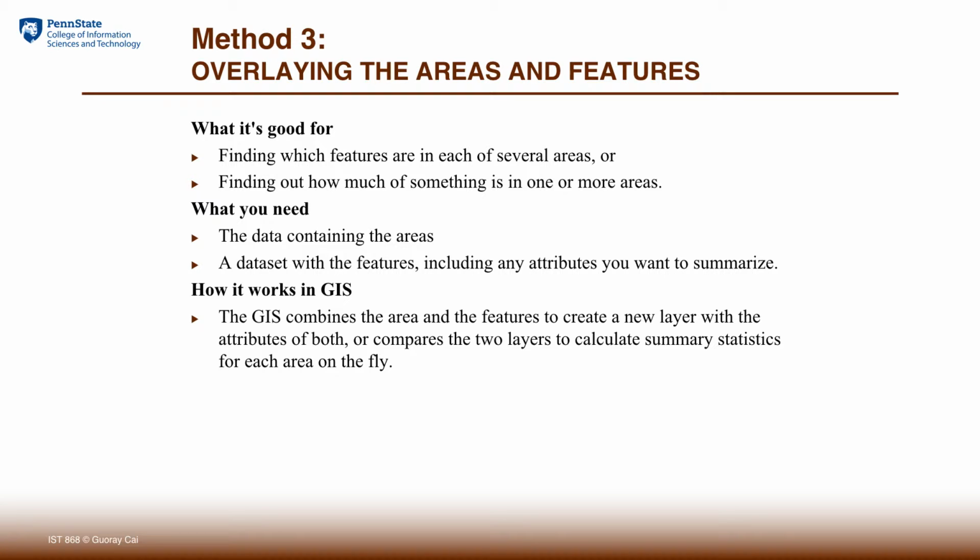So this method is the most computationally intensive, but you can get much better, more refined results. You do need to have the analytical tools to do overlay. A lot of geographic information systems come with overlay functions. In order to do that, you have to define the source area that you want to overlay with, for example the flooded area, and you want to find out what the target features are.